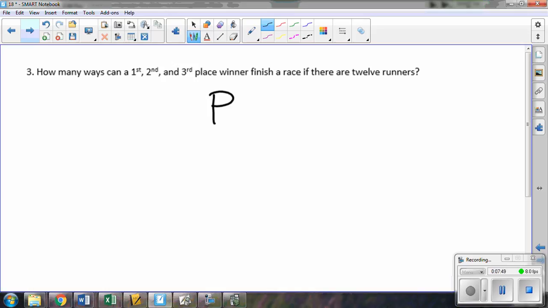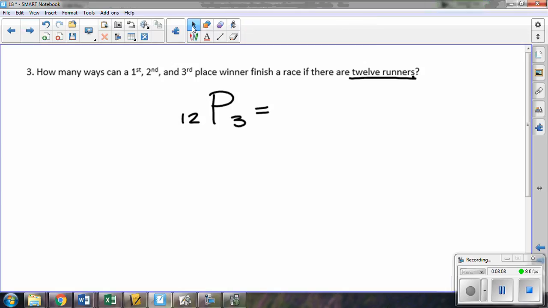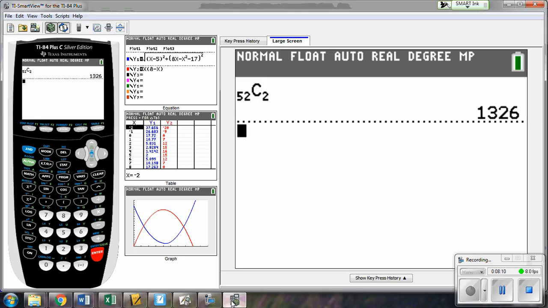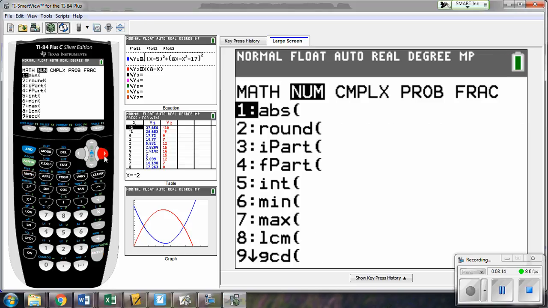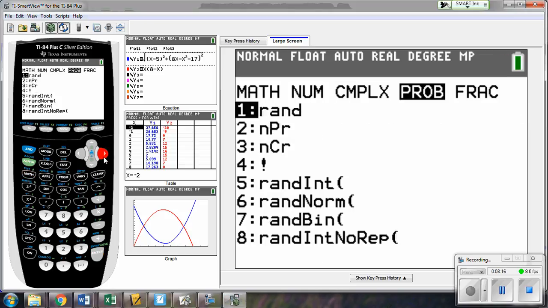How many are available? There are 12 runners available. How many need to finish the race? We're looking for the top 3 places, so we'll put this into our calculator. 12 permute 3, located in the exact same place, back in the math menu, over in the probability section.